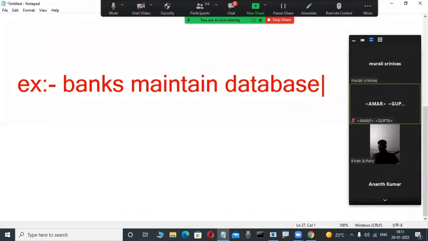Then only can we operate everything. That's why banks maintain databases. Banks are easily understandable.